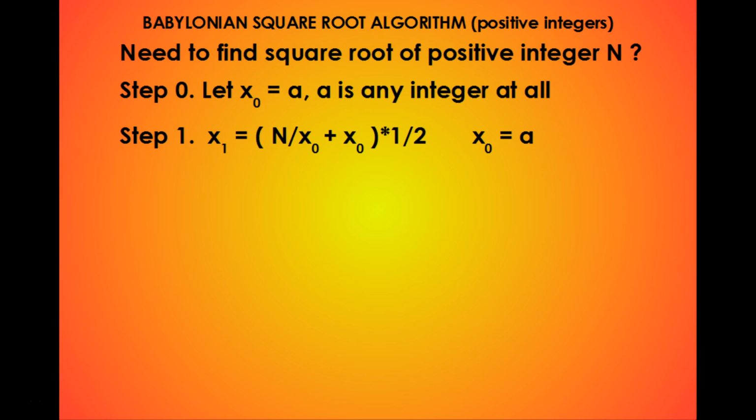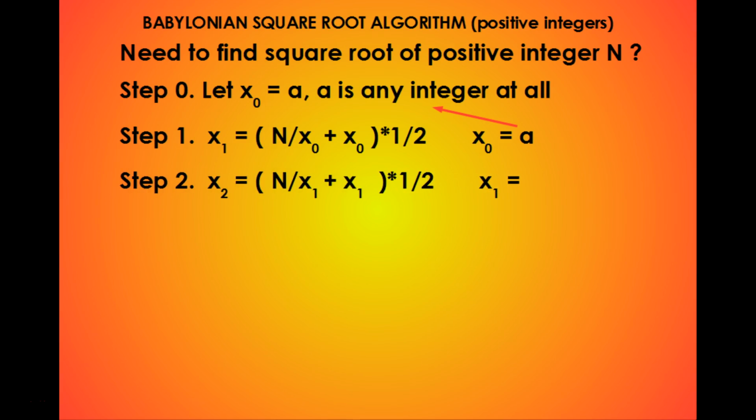Let x1 equal the number that you want to find the square root of, which is n, divided by x0, then add x0, and once you've done that, you multiply everything by a half. And looking at that formula, we can reference the value of x0. Notice the value that we got in the last step.